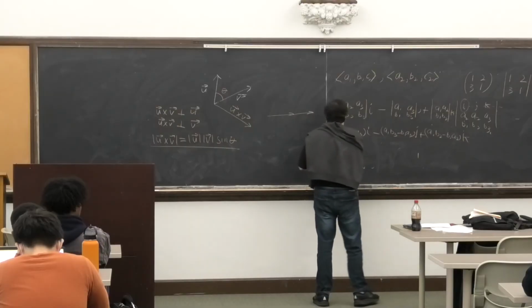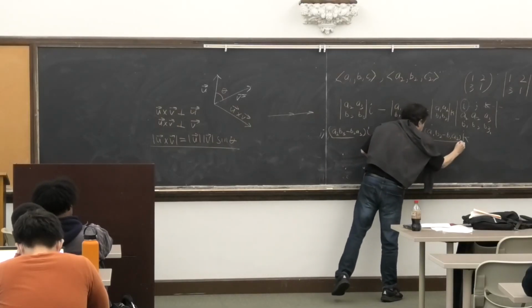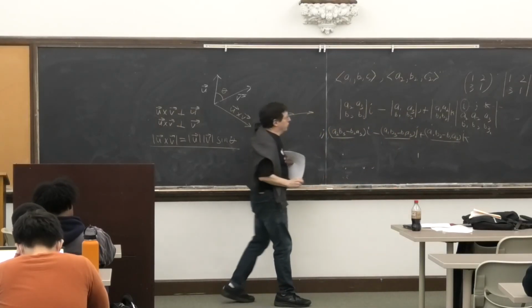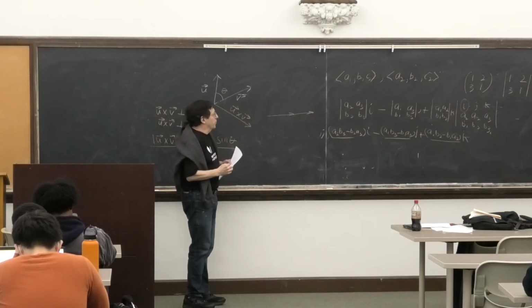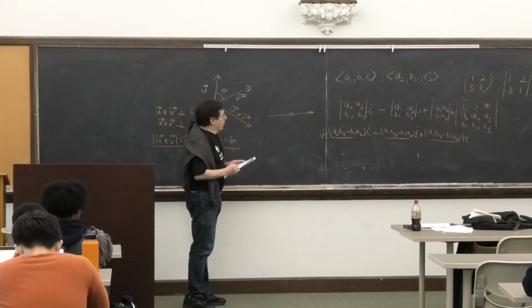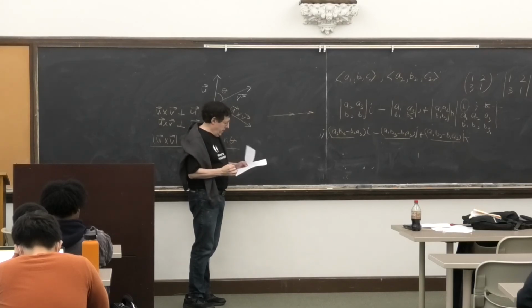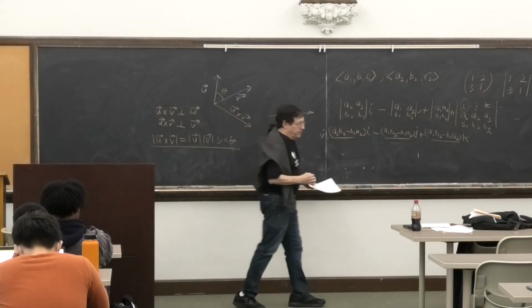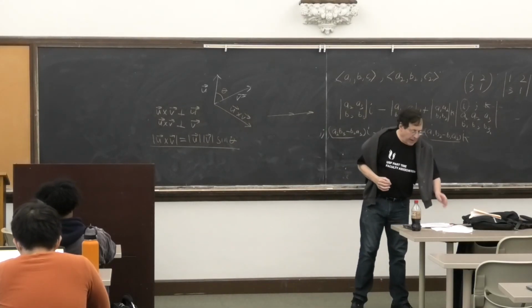And here you have the three components of your vector for the cross product. Now, I think that's where we're going to round up for now.